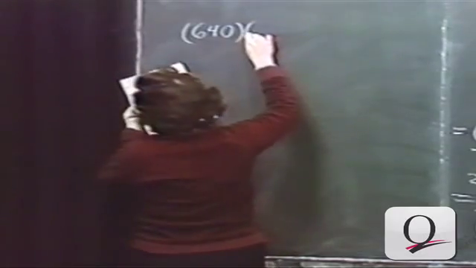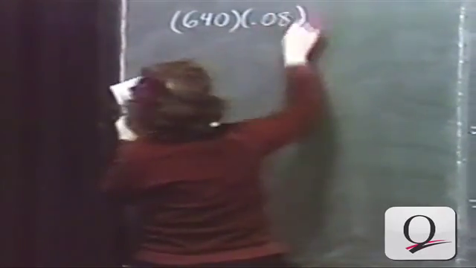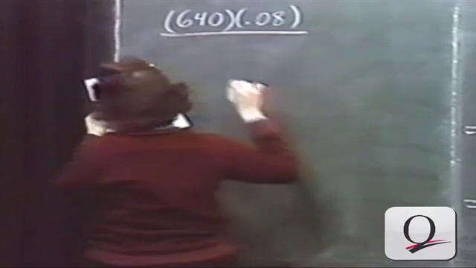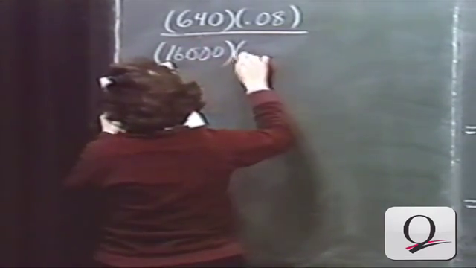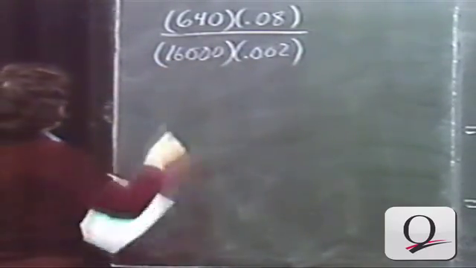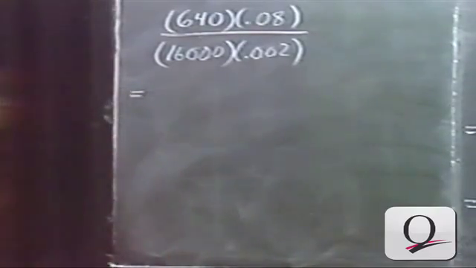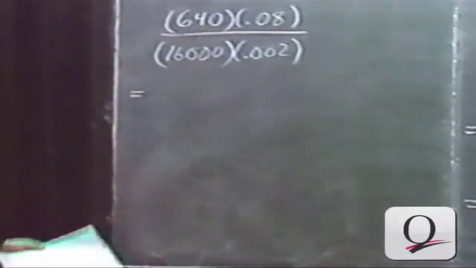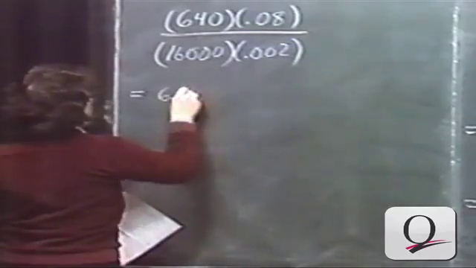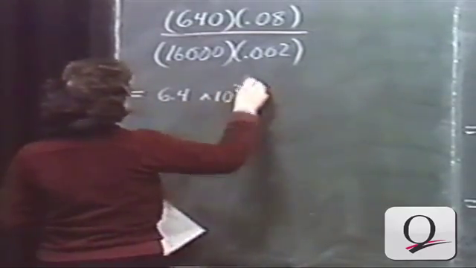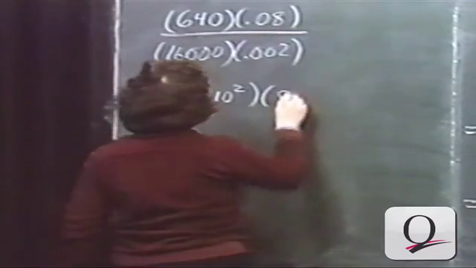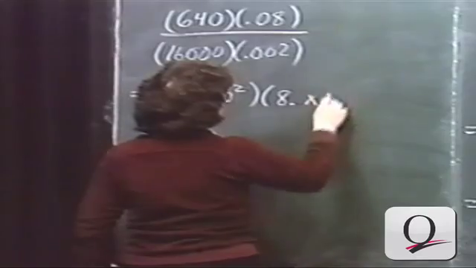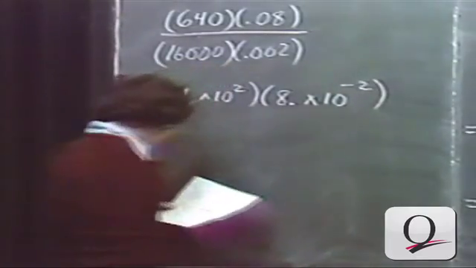640 times 0.08 divided by 16,000 times 0.002. Okay, 640 is 6.4 times 10 squared. 0.08 is 8 point times 10 to the minus 2.